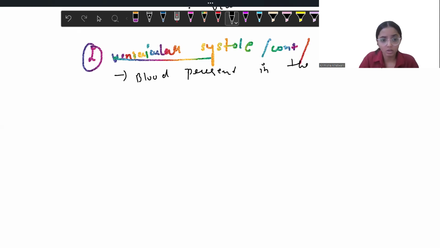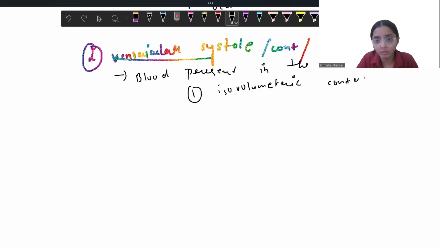It moves out in two phases. The first event of the cardiac cycle is atrial depolarization or atrial systole. The second event is ventricular systole or ventricular depolarization. Under ventricular systole, we have two phases.